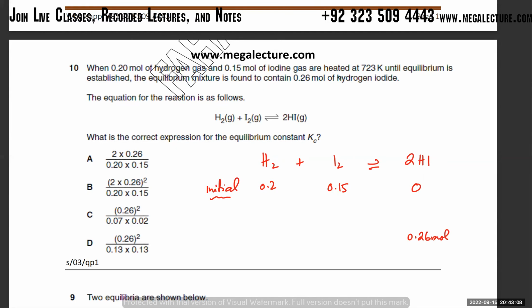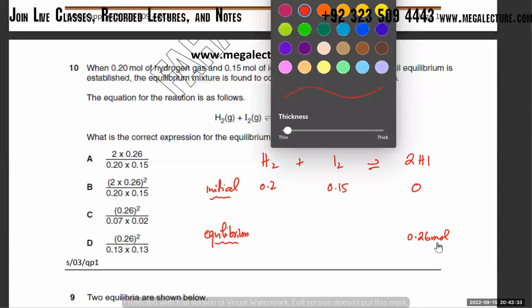So at equilibrium, 0.26 moles of HI got produced, right? So tell me, where did the equilibrium shift, forward or backward? Forward, yeah, because you had 0, now you got 0.26. That means an extra 0.26 got produced, right?